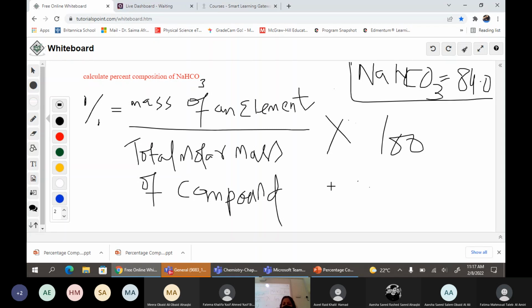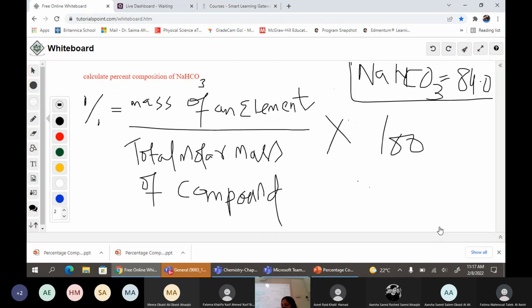27. So for sodium, you will have the percentage of 27.37. Very good. For hydrogen, 1.2. Good work. Very good, Asil.